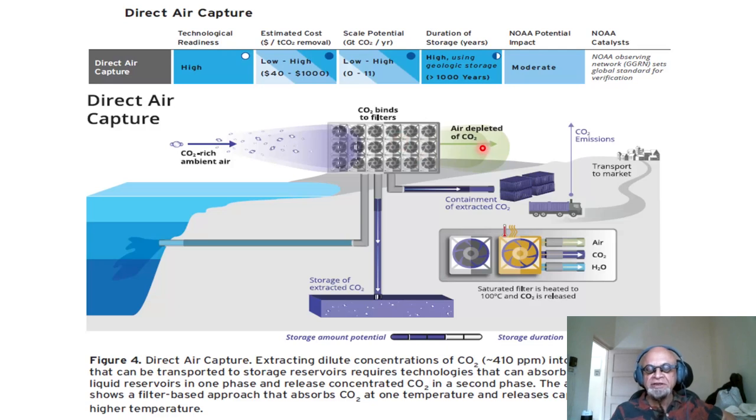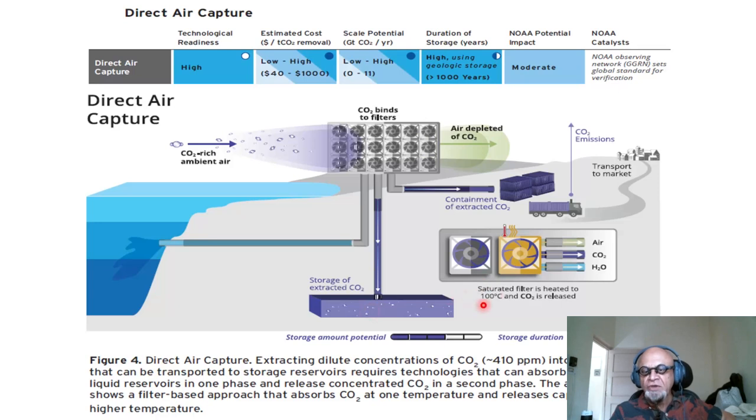and then air that is quite depleted in CO2 is put back out, and then you have a way of capturing it once you leach it out or precipitate it out and store it somewhere.